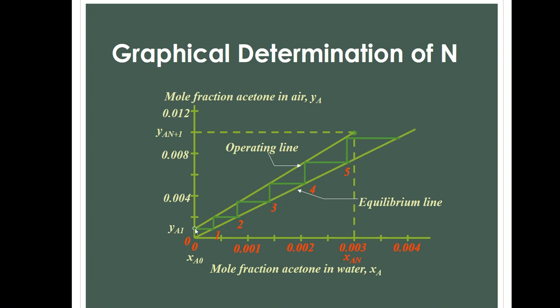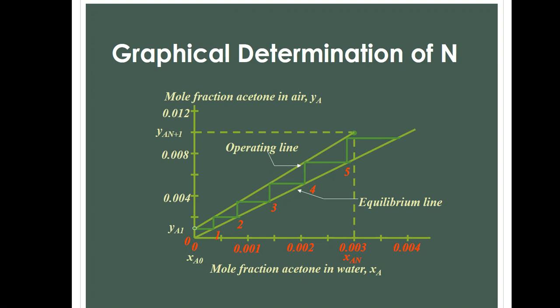After plotting, you just have to make a stepwise or staircase-like drawing between your operating line and your equilibrium line. As to the number of steps that you can count, that would be approximately the number of stages that will facilitate the given recovery or separation.